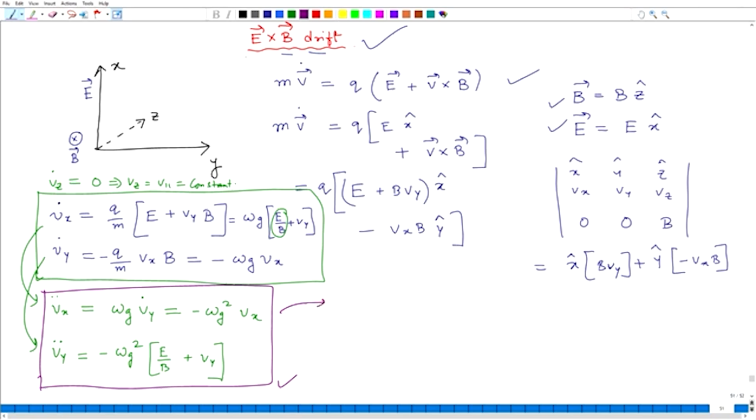You can write Vx double dot equal to minus omega g whole square Vx, and Vy double dot equal to minus omega g square times Vy plus E by B. If you call this Vy star, which is just a shift by a constant, then you have Vy star double dot equal to minus omega g square Vy star.